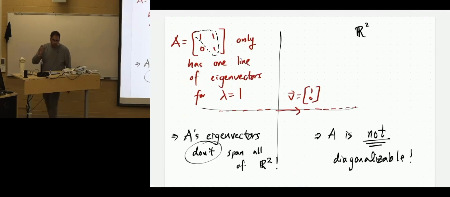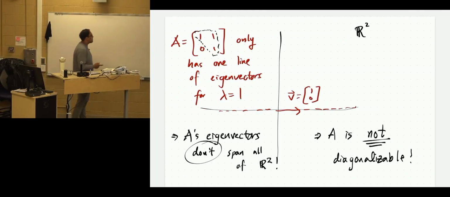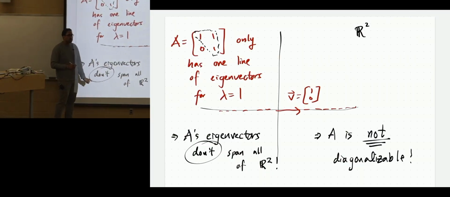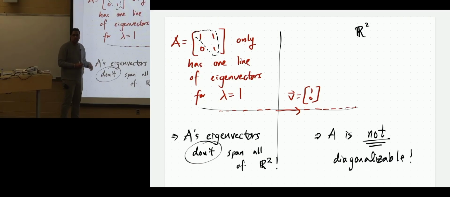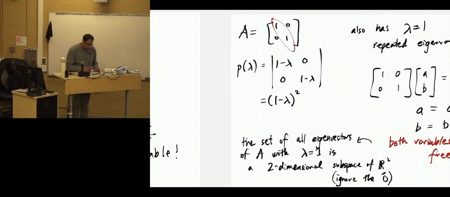So there's something worse about 1, 1, 0, 1, in that it has a repeated eigenvalue of 1, but its eigenvectors don't span all of R2. Do we see the subtle difference between 1, 1, 0, 1 and 1, 0, 0, 1? So between this slide and the other slide, the matrices are a little different. We buy that, right? Okay. So keep that thought at the back of your mind.